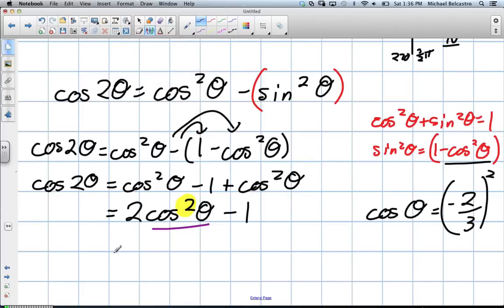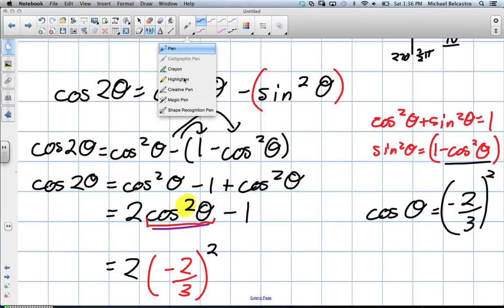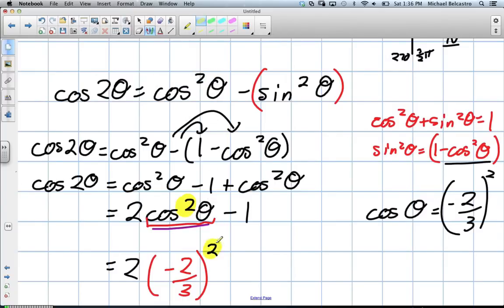So that then means we have 2 times, and we're plugging in our negative 2 over 3, because that's essentially what cos theta was equal to. But we need to square it, like we said. Okay. And then we're going to be subtracting 1.